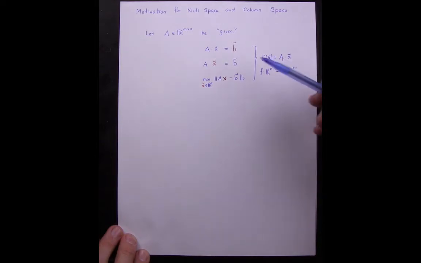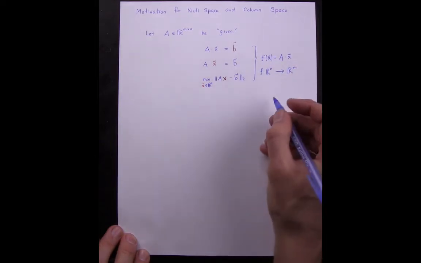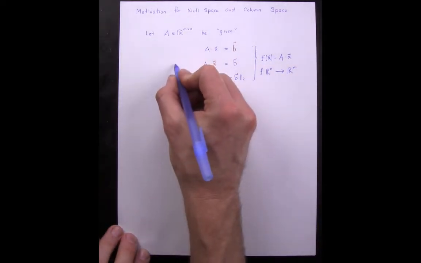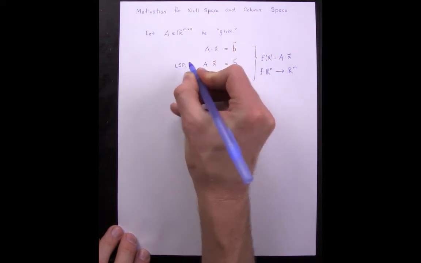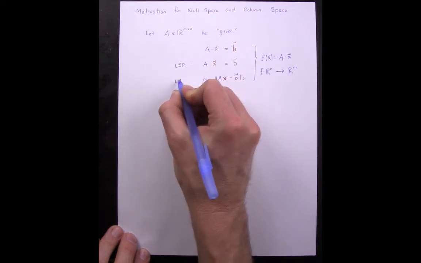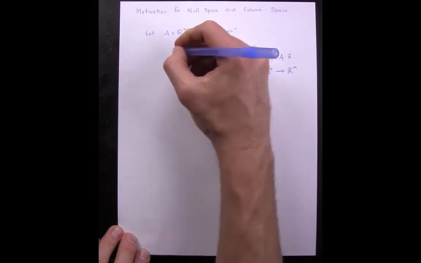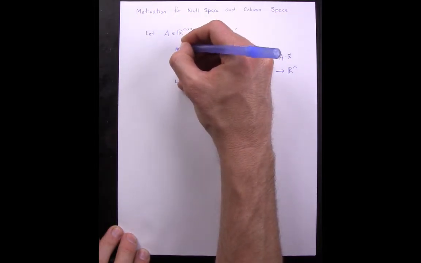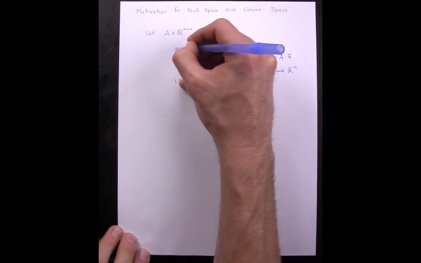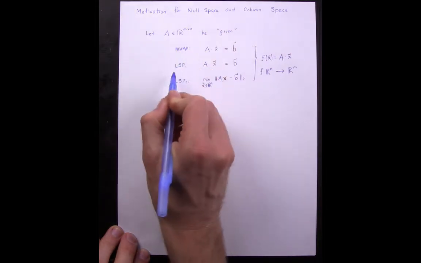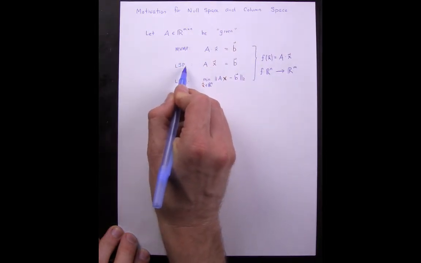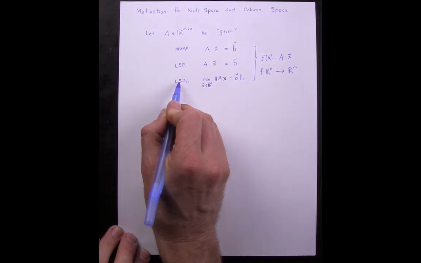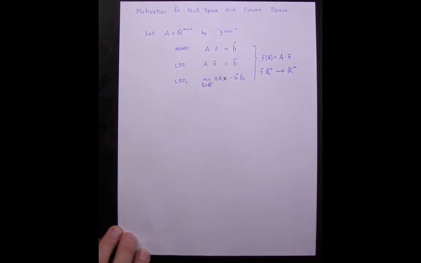What we saw in the linear systems problem is that matrix vector multiplication problem, linear systems problem, LSP1 because it's the first of them, least squares problems, LSP2 because it's the second involved problem.